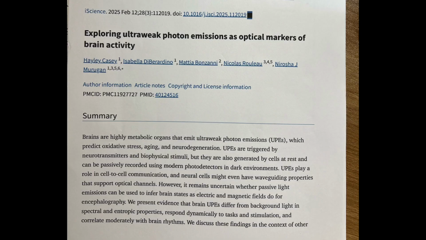So one of the markers for the consciousness ID that they've mentioned is something called UPE. UPE is an ultra-weak photon emission. So if you look at this document from February 2025, they're saying that brains are highly metabolic organs that emit an ultra-weak photon emission, or a UPE, which predicts oxidative stress, aging, and neurodegeneration.